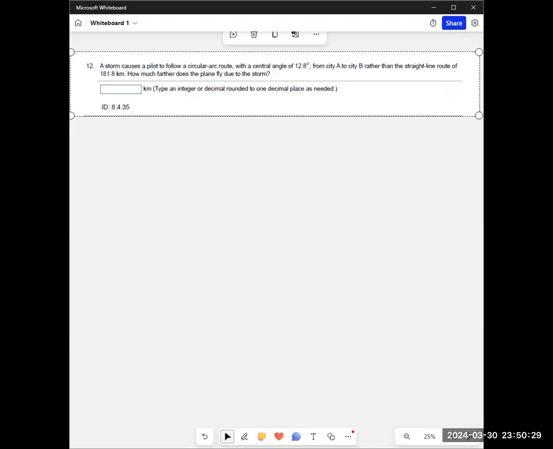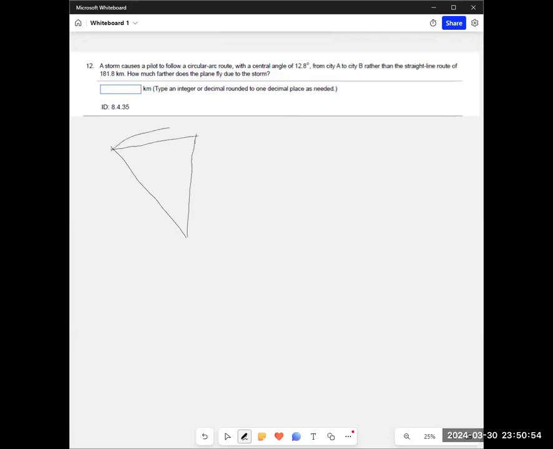So this is problem number 12, a storm, which is 8.4, number 35 from the textbook. A storm causes a pilot to follow a circular arc with a central angle of 12.8. Let's see if I can get this drawing here, where there's the straight line path, and there's the circular arc.